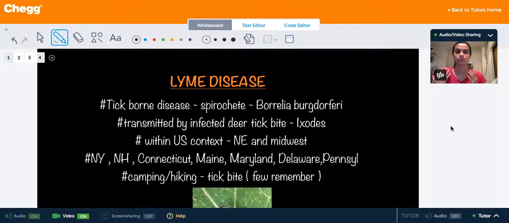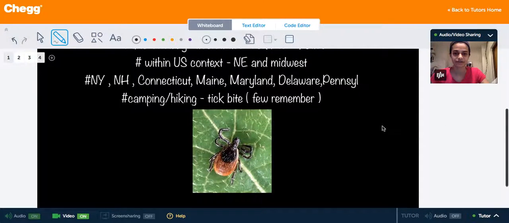It's often associated with camping and hiking in the woods in these parts of the country, because that's when people tend to get bitten by the tick most often. Over here, I've put a picture of the tick. This is the deer tick.